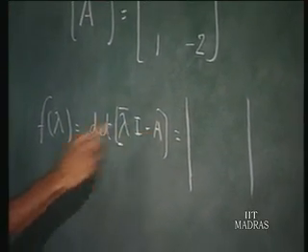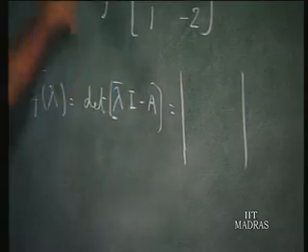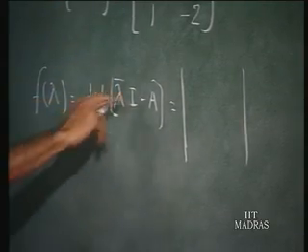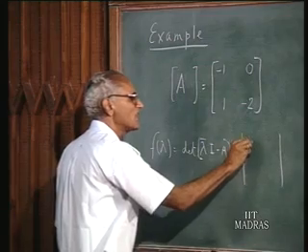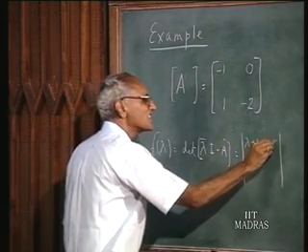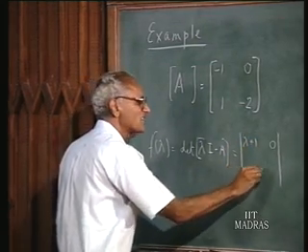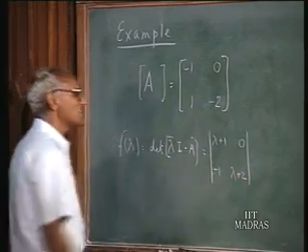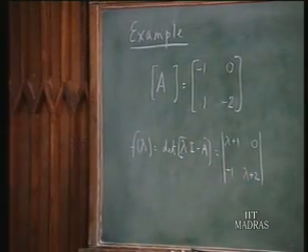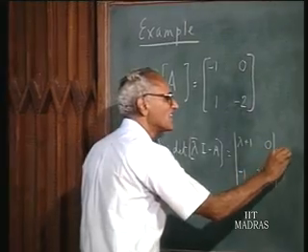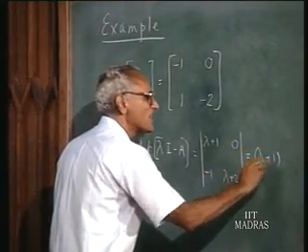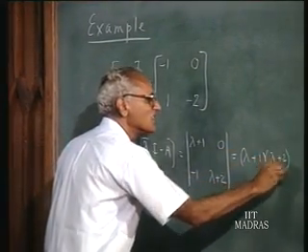The lambda I has diagonal entries lambda, and from that you subtract this A matrix. So this will become lambda plus 1, 0, minus 1, lambda plus 2. So that is the determinant formed by this matrix lambda I minus A, and that will be lambda plus 1 times lambda plus 2, that is equal to 0.